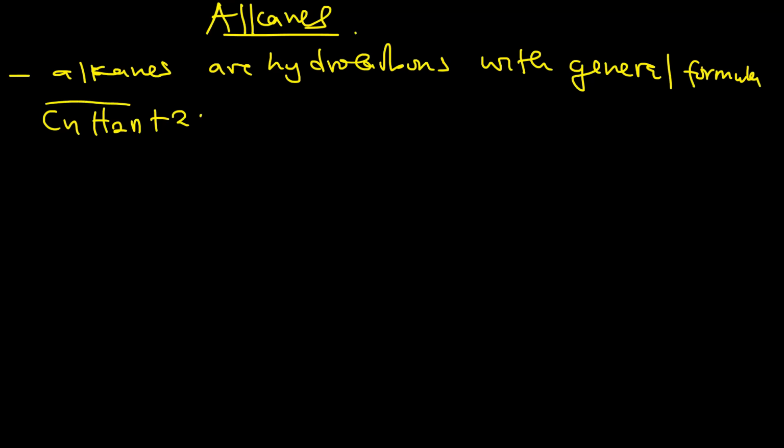This is something that you have to know. So alkanes are hydrocarbons, which means they contain only hydrogen and carbon, with a general molecular formula of CnH2n+2.